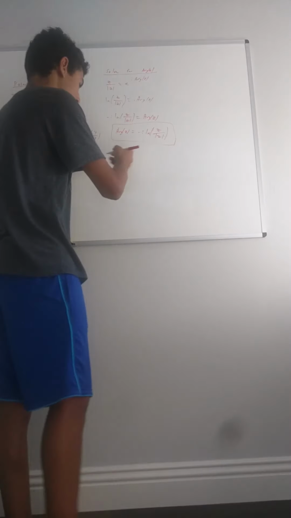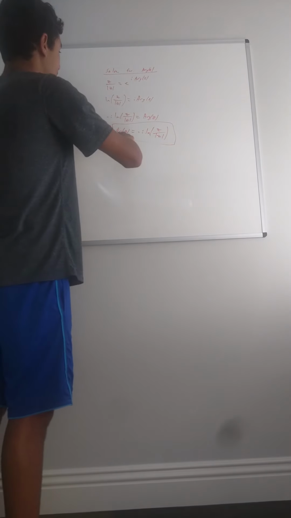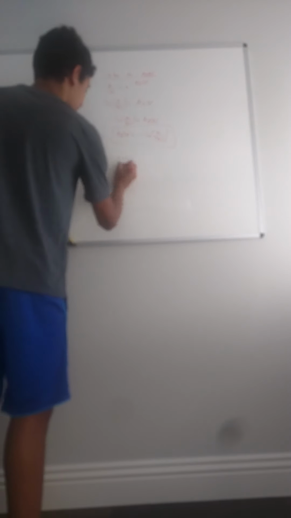And you might be wondering how we got negative i from dividing both sides by i. That's because if we have, for example, x equals iy, and if you want to solve for y, you need to divide both sides by i, right?